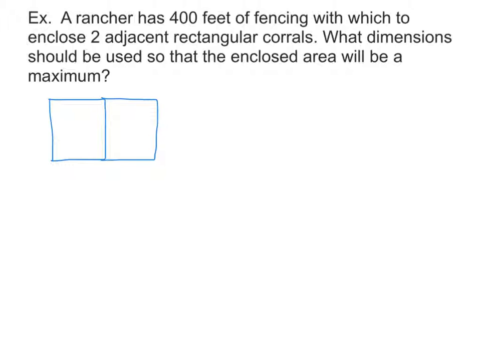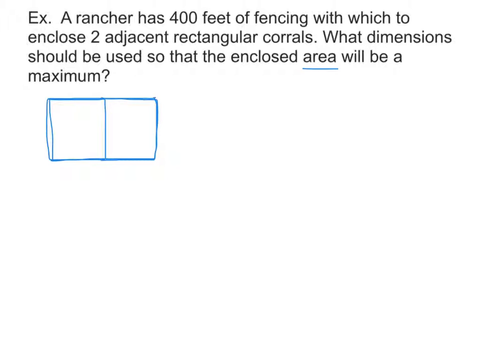Okay, well, let's think about this. What dimensions should be used so that the area will be a maximum? So we're looking for area to be our maximum. And notice what we have here. We have one big rectangle. So the area I'm going to use is the area of a rectangle.